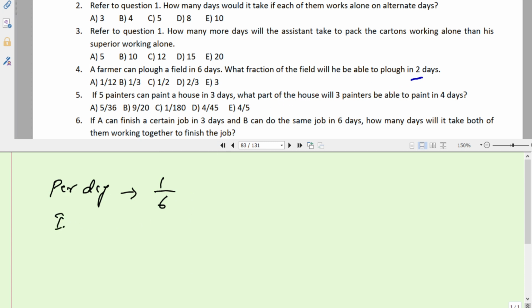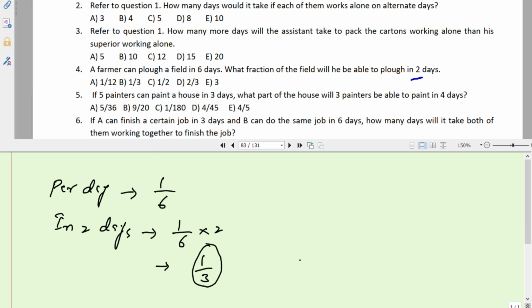So in 2 days, 1/6 multiplied by 2, you'll be able to finish 1/3 of the job. In the first 2 days he will do 1/3 of the job. In the other 2 days again 1/3. In the last 2 days he will again do 1/3.